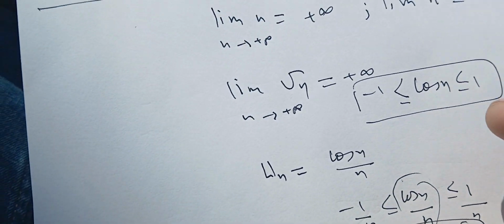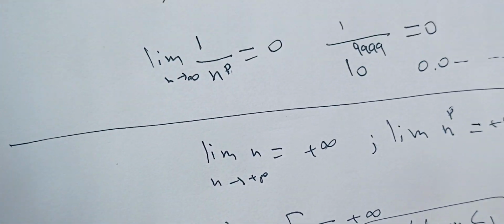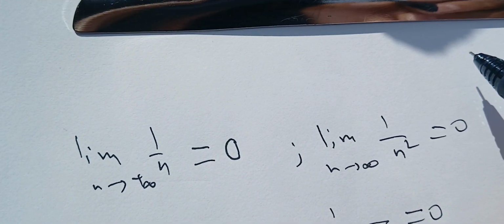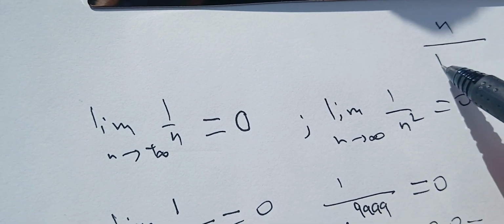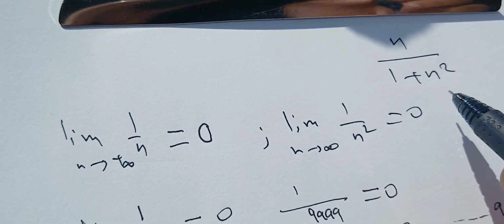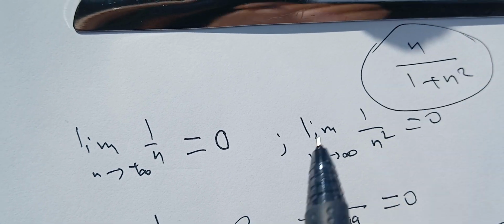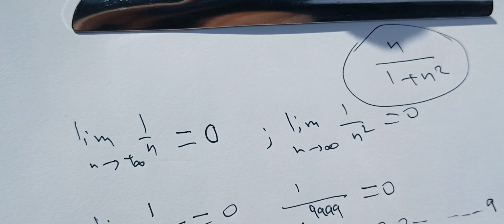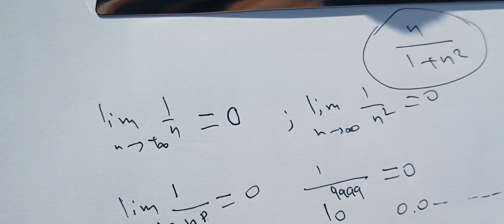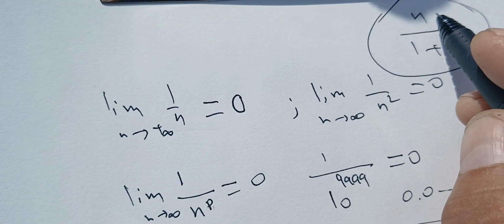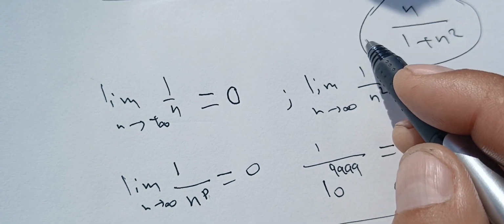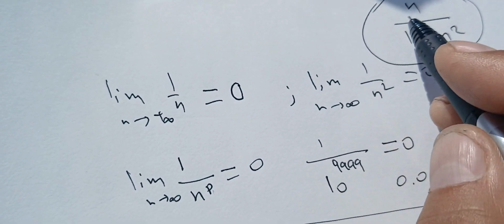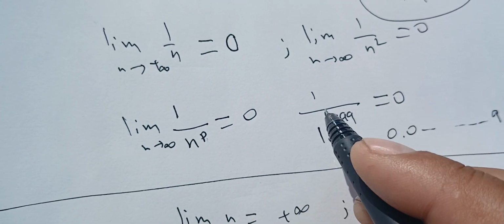Sometimes we have to use other things, like let's say n over 1 plus n squared. What's the limit of this one? We can use some intuitive idea to do it, but let's divide everything by n.